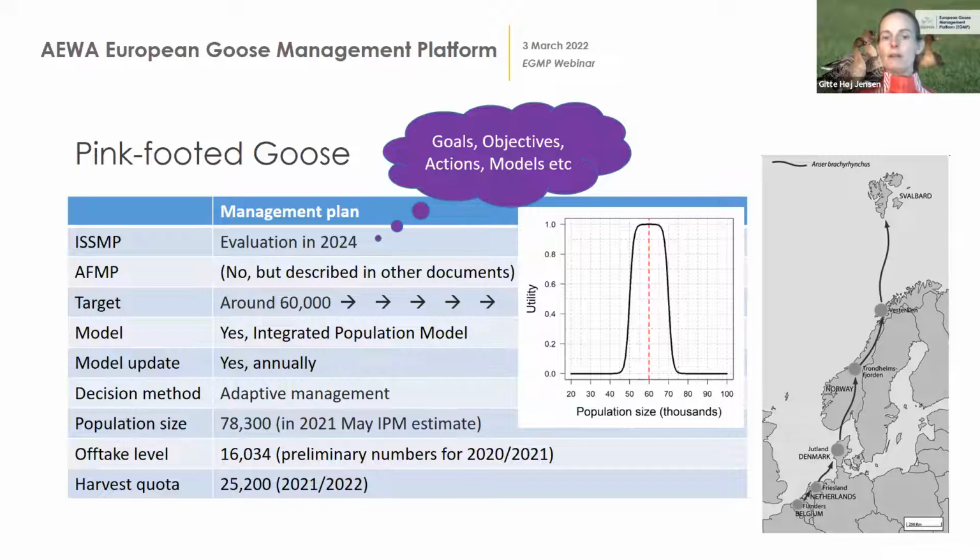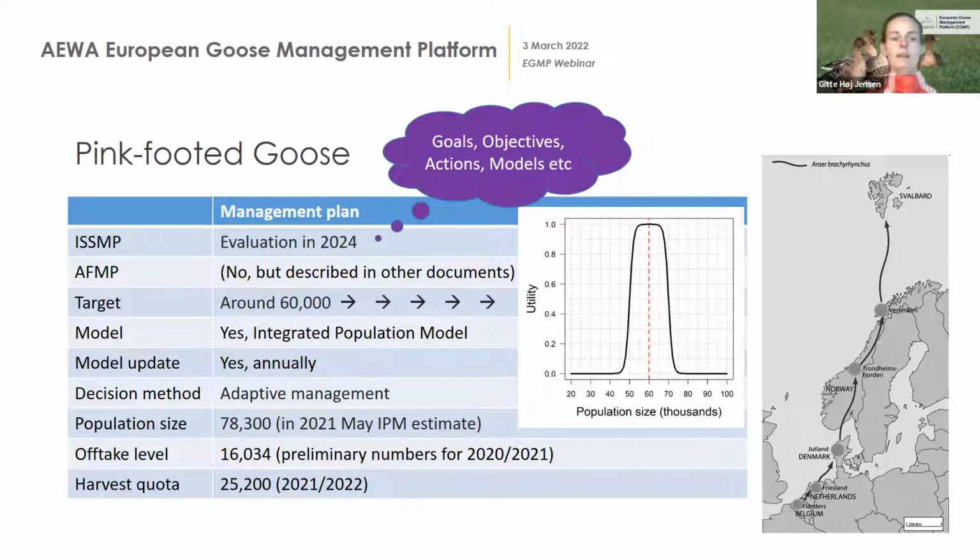We do that by giving them a utility of 1, whereas population sizes which are lower or higher than that are given a lower utility. And as mentioned, we can use it in the optimization process so that we choose actions which are driving the population towards population sizes that get higher utility.